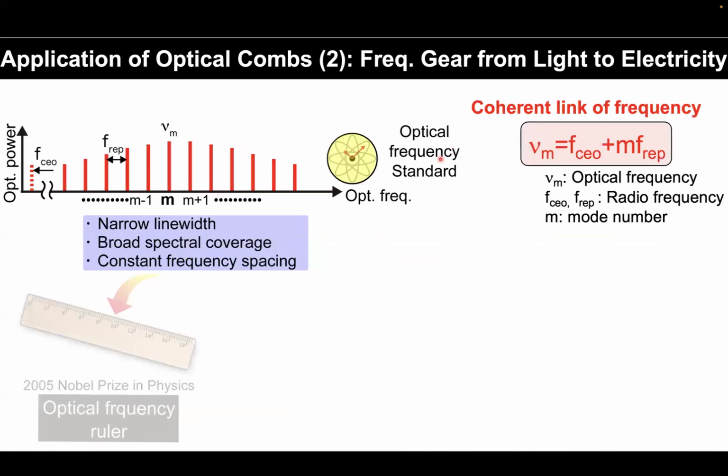Recently, optical frequency standards with much better performance than the electric frequency standard have appeared, like the optical atomic clock and optical lattice clock. In this case, if the ν_m is phase locked to an optical frequency standard by laser control, the excellent uncertainty of the optical frequency standard can be transferred to the electric signal of FREP based on this equation.